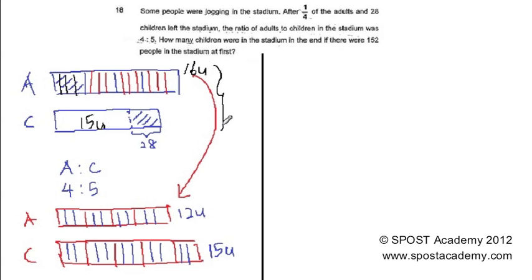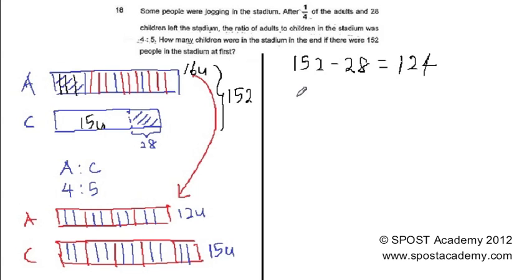And at first, the number of people in the stadium was 152. So I know that first I need to use 152 minus 28. That will give me 124.